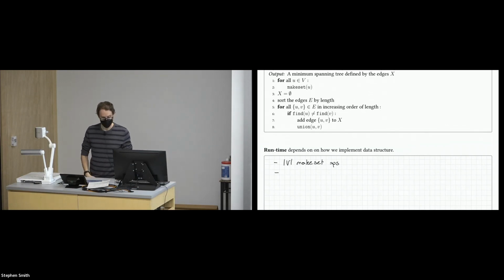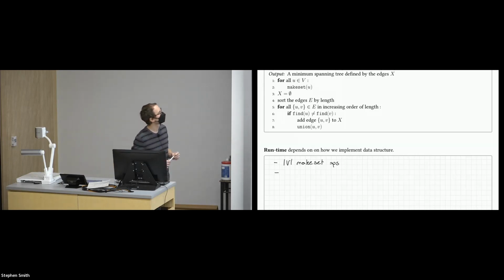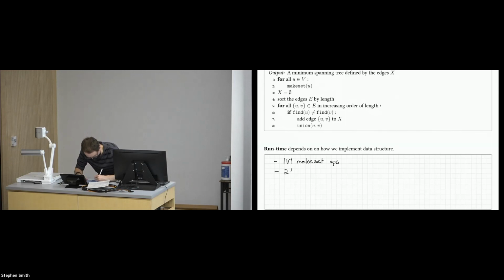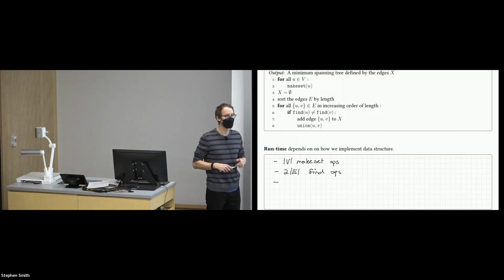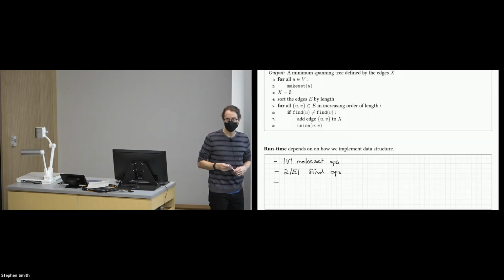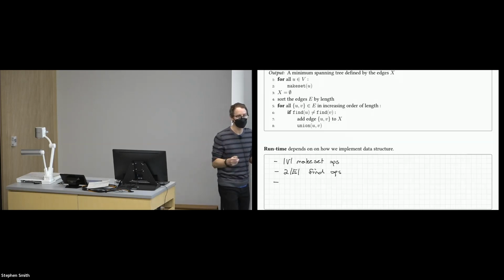Then how many find operations do we do? Two E, that's right. 2E find operations. And then how many unions? Could we really create a tree with 2E edges? It's actually going to be V minus 1, the total number of edges we can add.